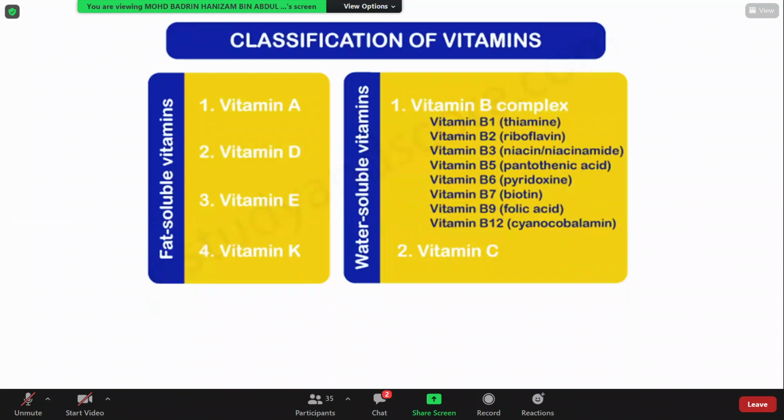So how are the vitamins classified? Nothing new again. Generally, vitamins are classified into two major groups, which are fat-soluble vitamins and water-soluble vitamins.